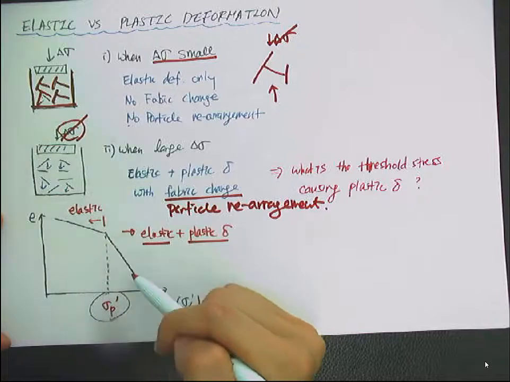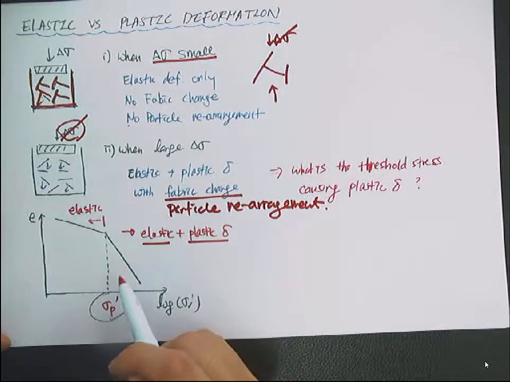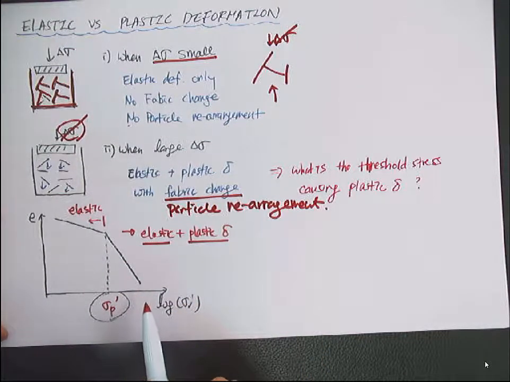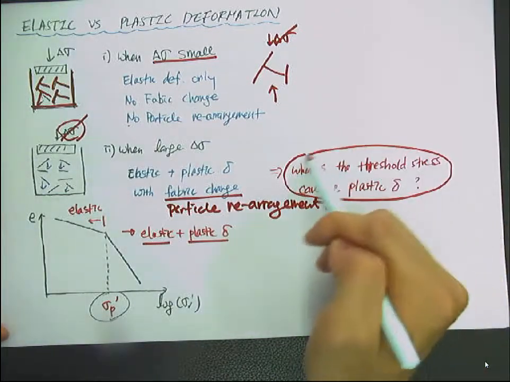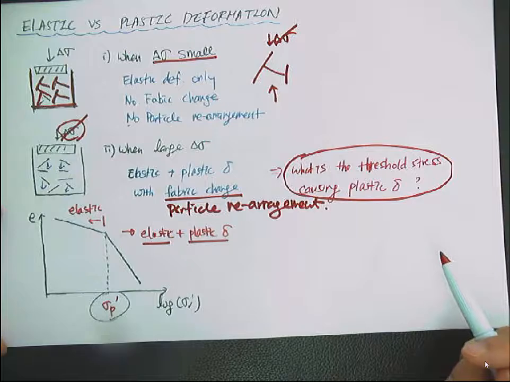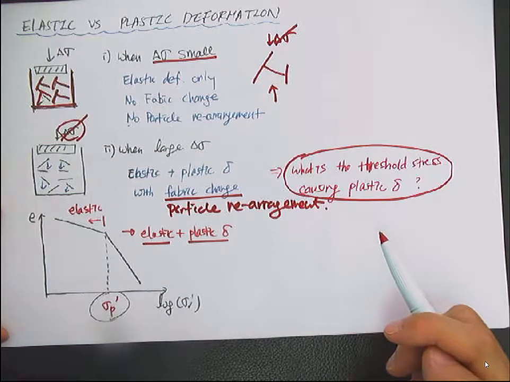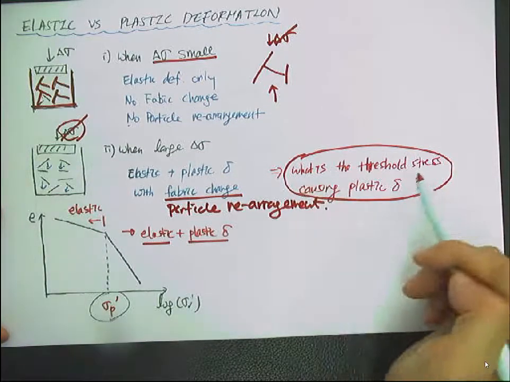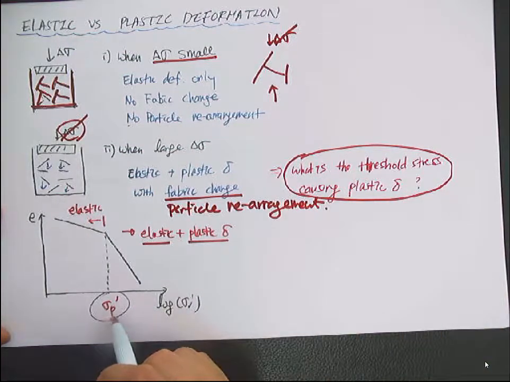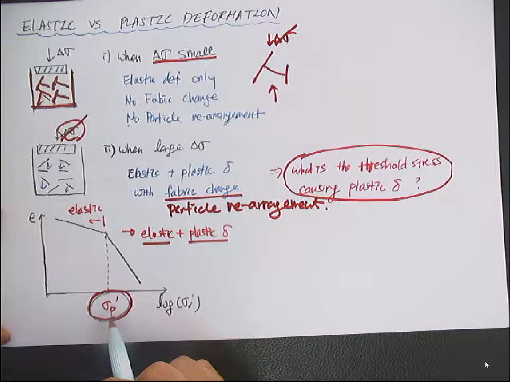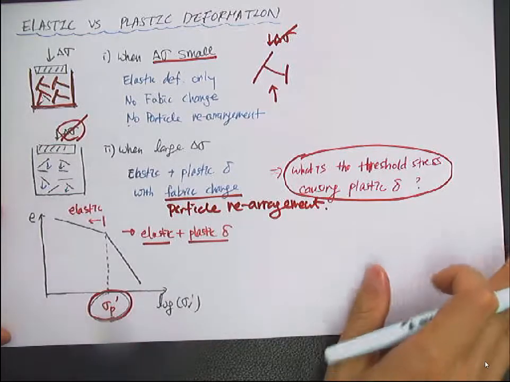So now you have a more rapid change in void ratio for a given loading. So what is the threshold stress causing the plastic deformation? It's called the pre-consolidation stress, sigma p prime.